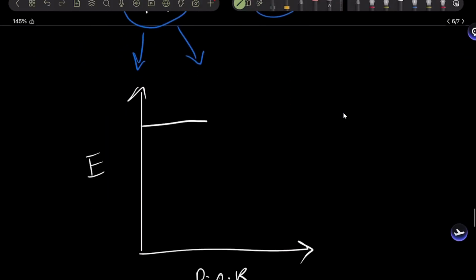So the reactant line should be higher, and the product line should be lower. Now I need to connect these two. I'll connect them with an energy hump like this. Are we clear till here? Now there are two very important things that you need to label over here.